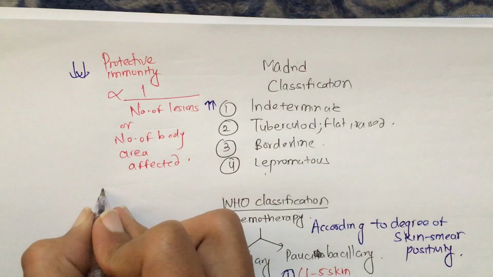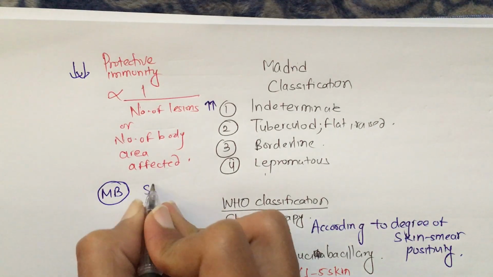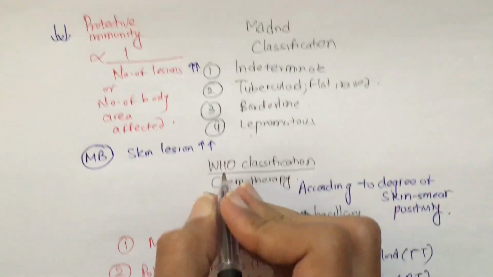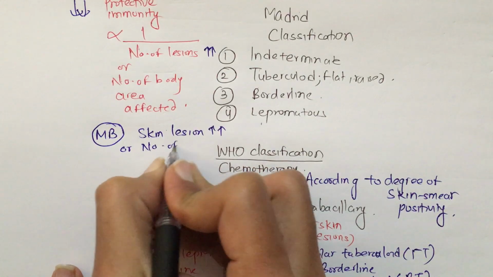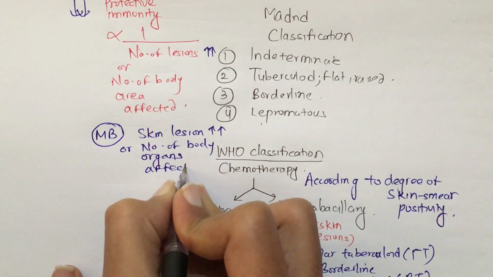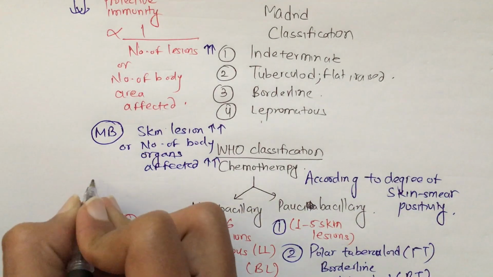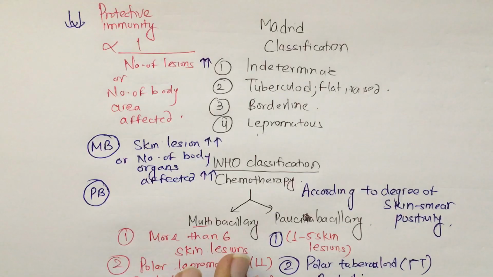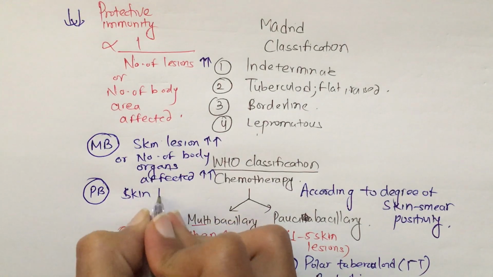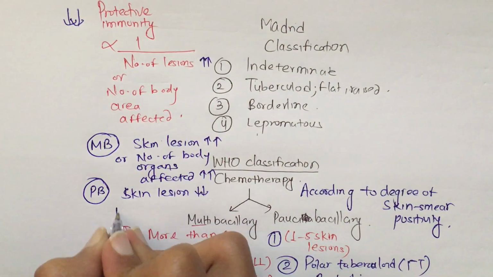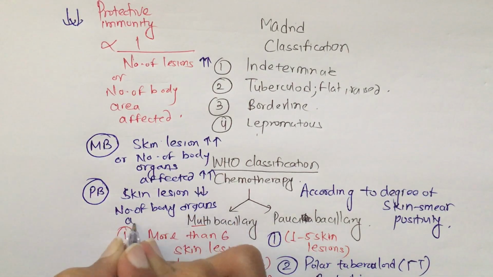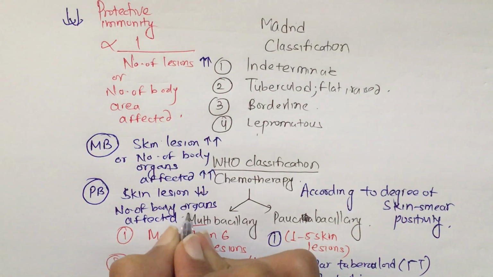In the multibacillary, the skin lesions are more because the protective immunity is less, or the number of body organs affected is more. Whereas in the paucibacillary, the protective immunity is good, so the number of skin lesions is less, and the number of body organs affected is also less.